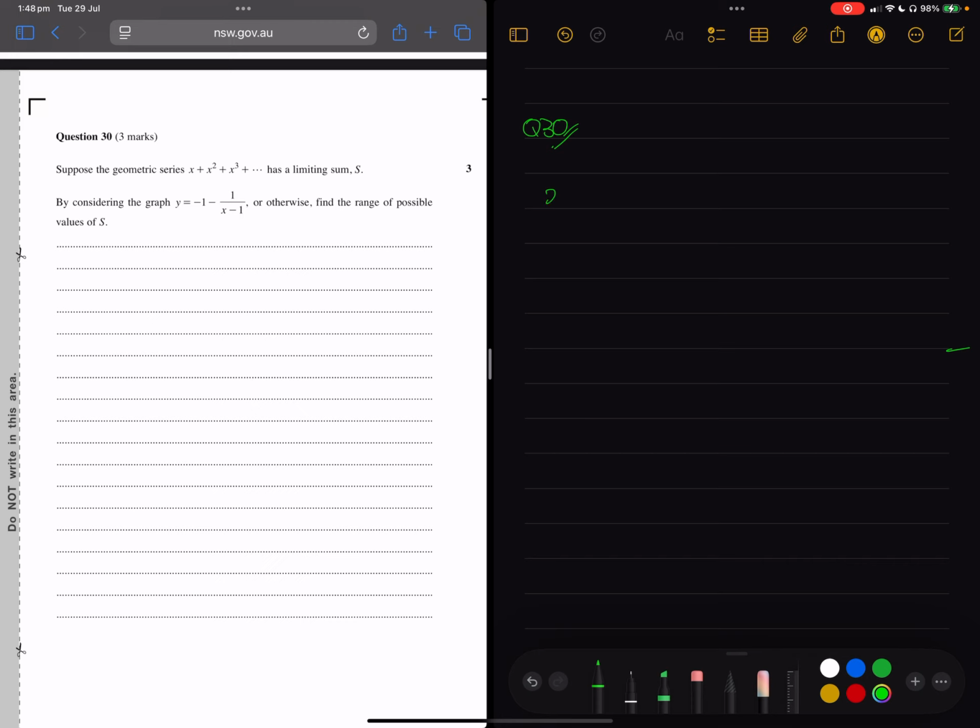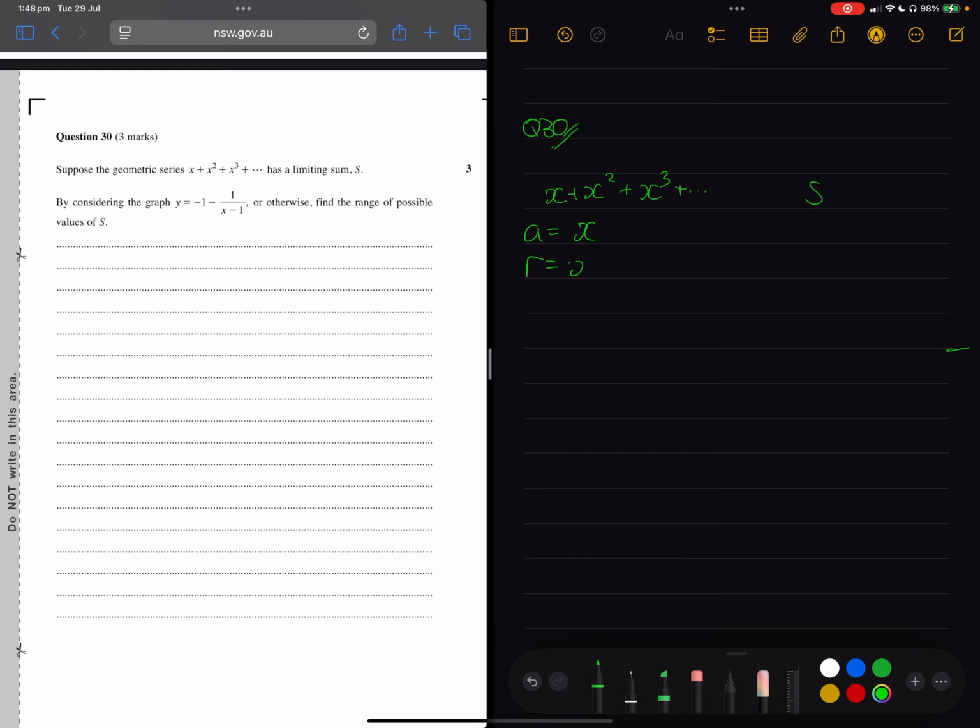We're told that x plus x squared plus x cubed plus dot dot dot has a limiting sum s. Well, if it has a limiting sum, this implies that it has infinitely many terms, but the multiplication factor between the terms is less than 1 in absolute value. So the first term in this series is x.